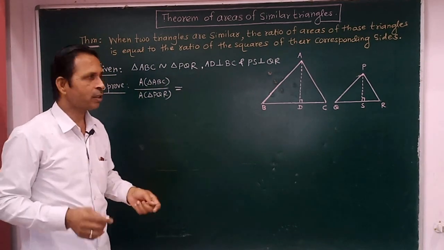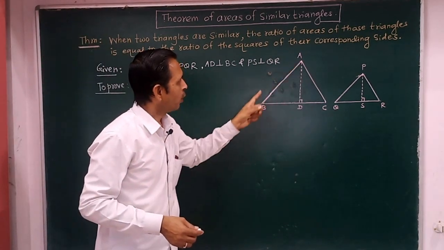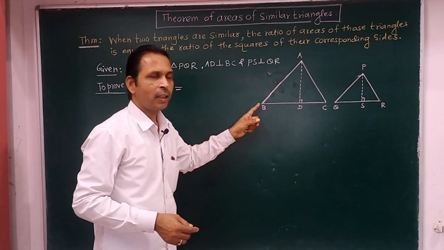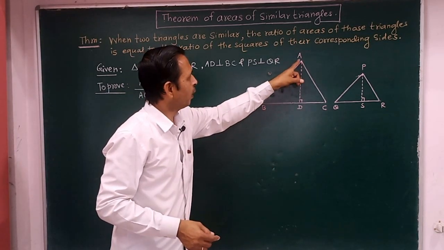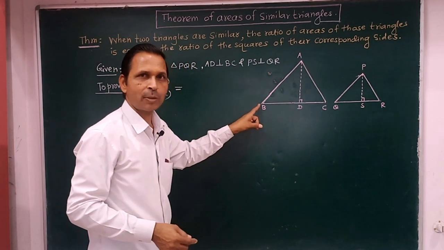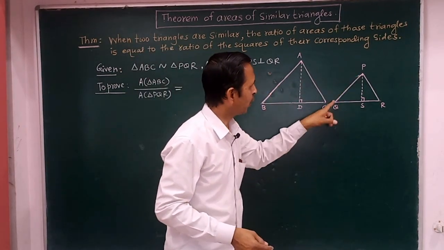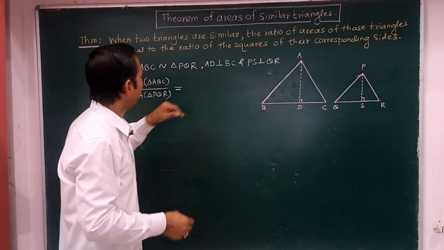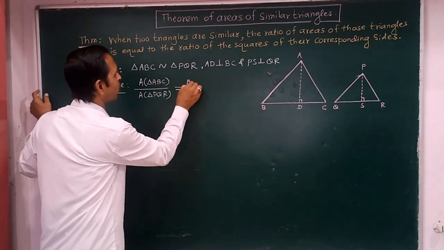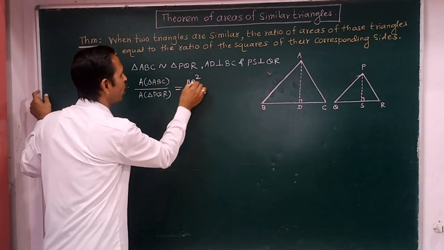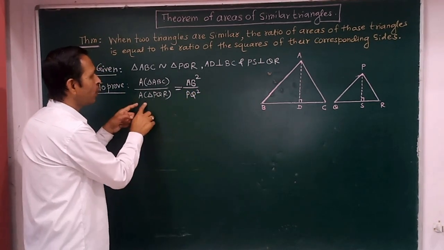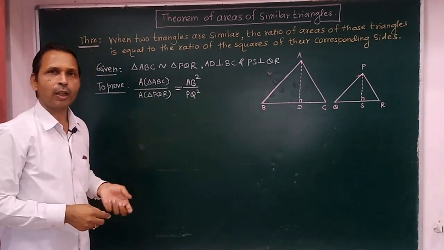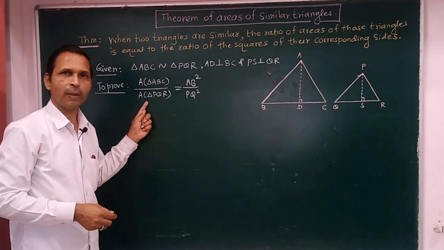Now which are the corresponding sides? If we make the one-to-one correspondence, that is ABC to PQR, then the corresponding side of AB is PQ. In the theorem, this ratio AB square upon PQ square is equal to the ratio of the areas of the two similar triangles.